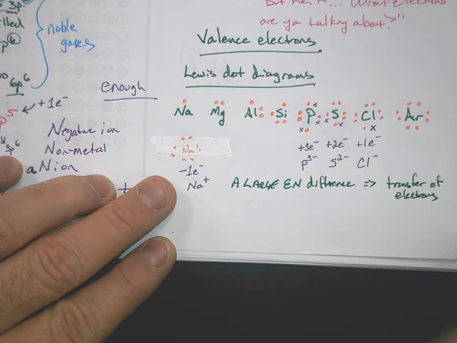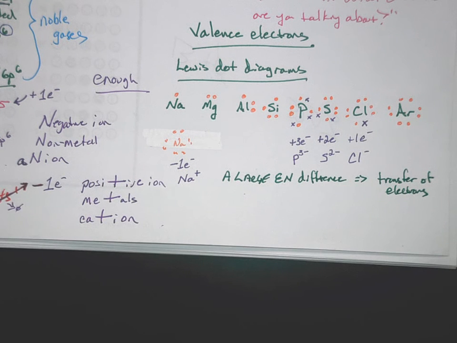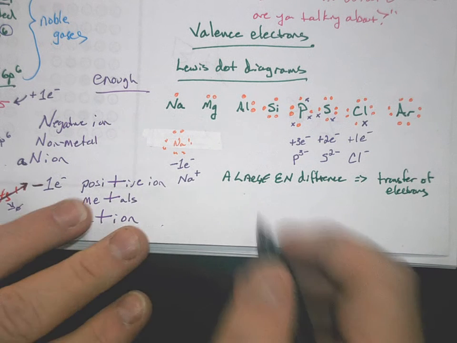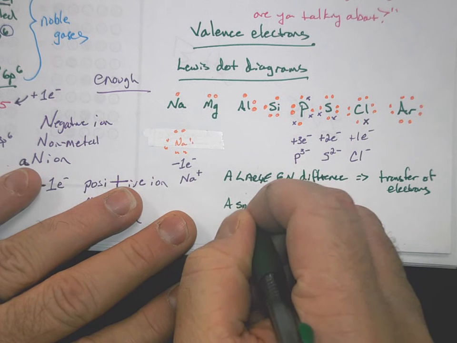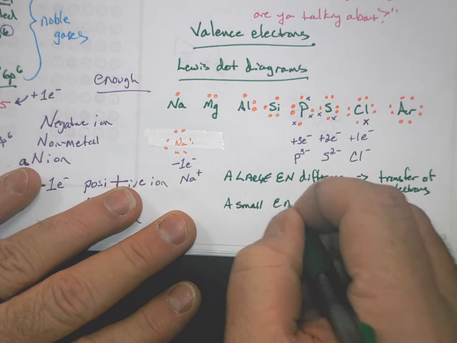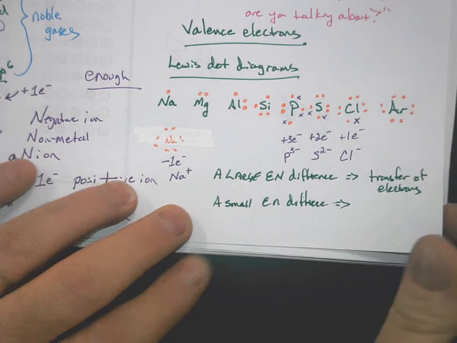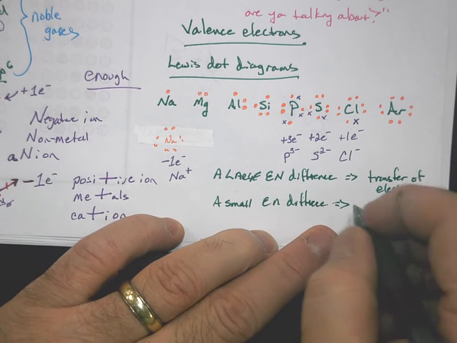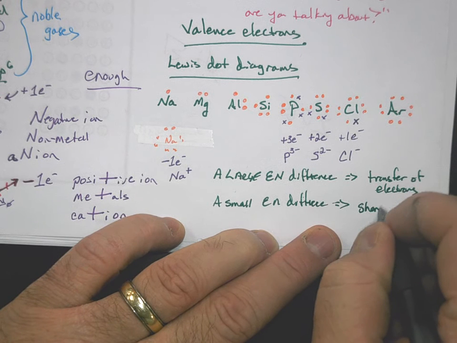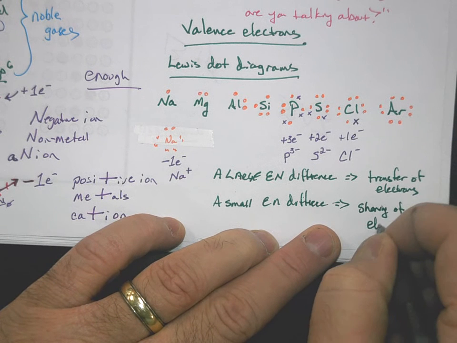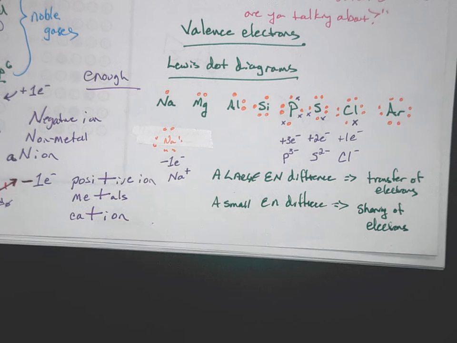If we have a large electronegativity difference, that ends up being a transfer of electrons. A small EN difference leads to a sharing of electrons.